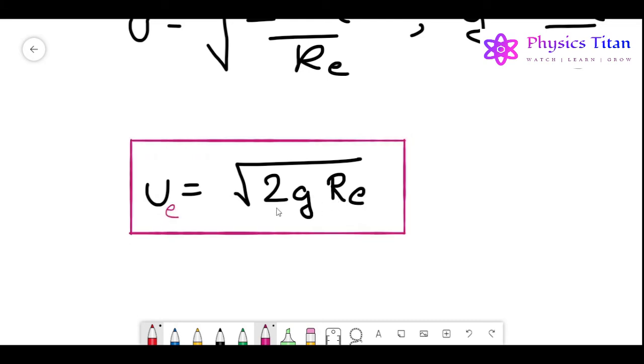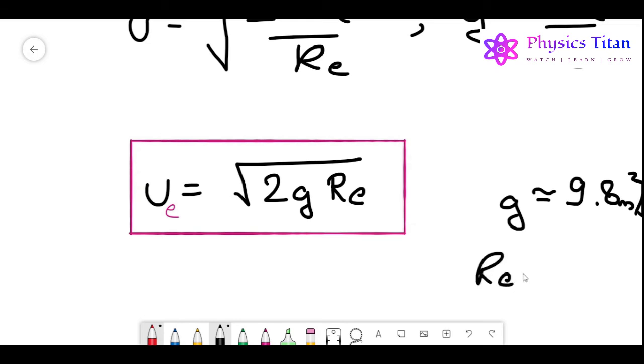Okay, so let us calculate this value. We all know the acceleration due to gravity, small g, is nearly equal to 9.8 meter per second square. Radius of Earth is nearly equal to 6400 kilometer.